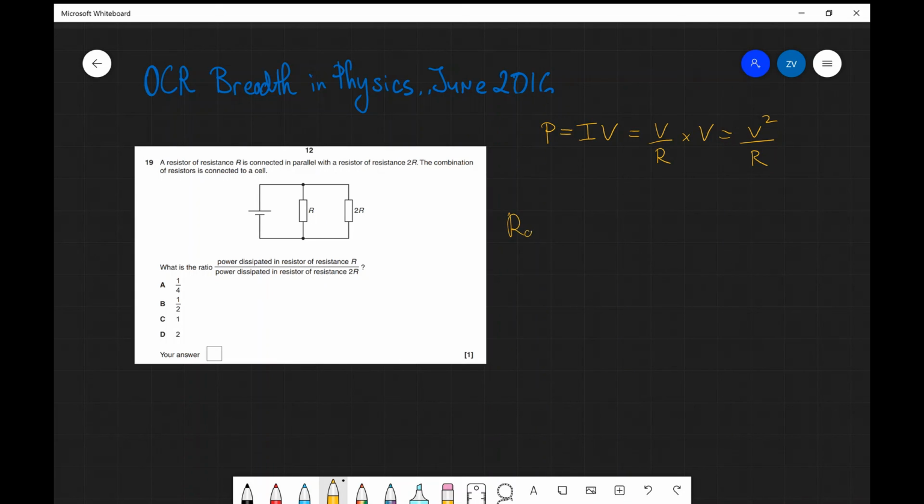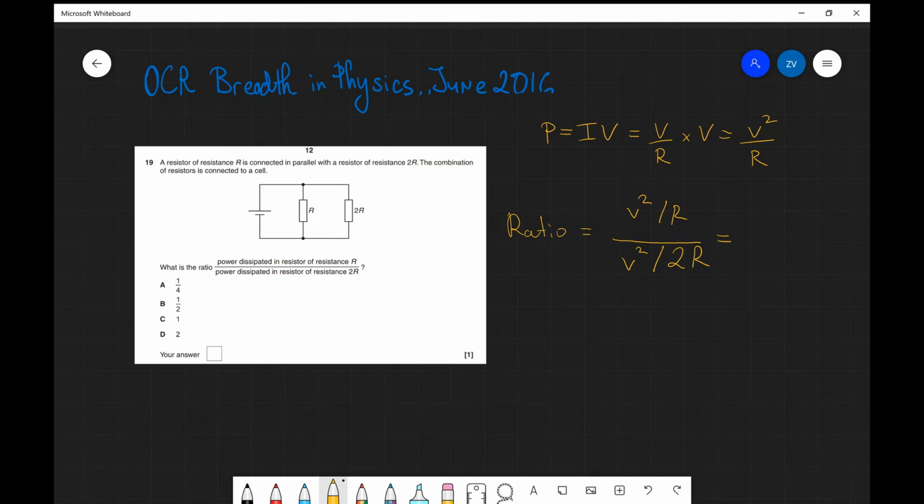So our ratio is going to be the following. The power dissipated in the R resistor is just going to be V squared over R, like so. And the power dissipated in the other branch is going to be V squared divided by 2R.